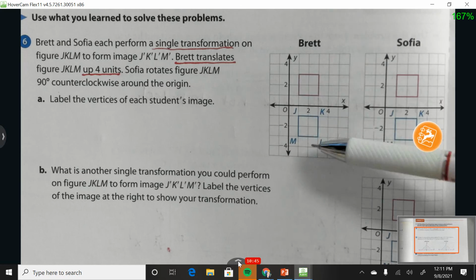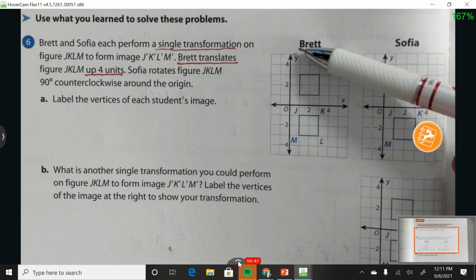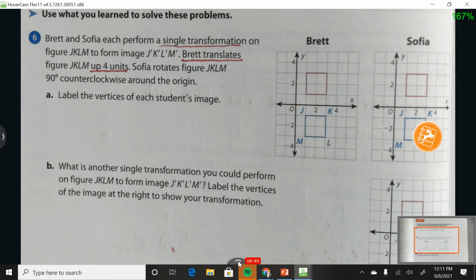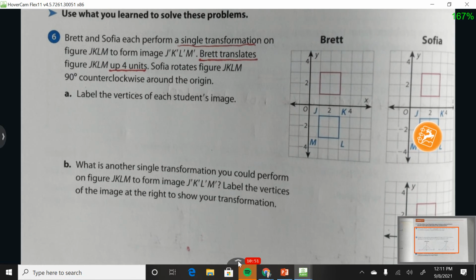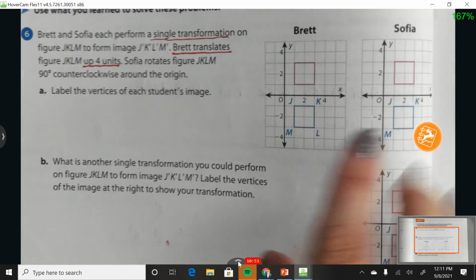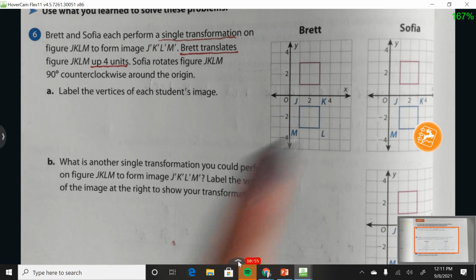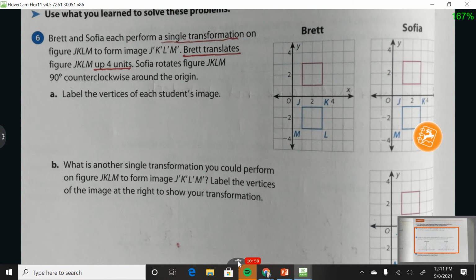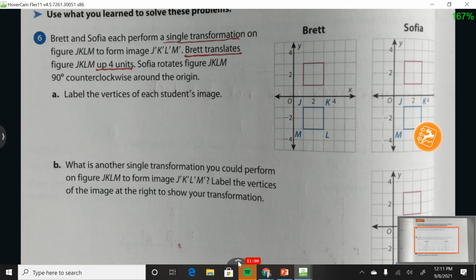He's translating it 4 units up. So you label where the vertices will be for the image. Each point will be translated 4 units up. So you're going to write J prime, K prime, L prime, and M prime.